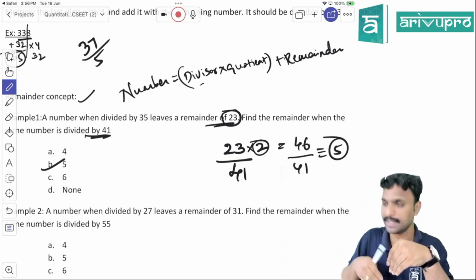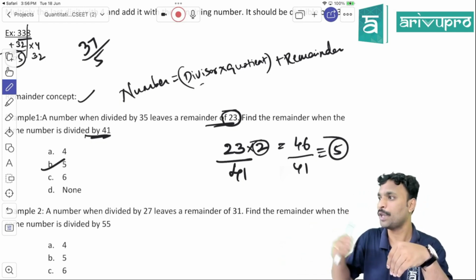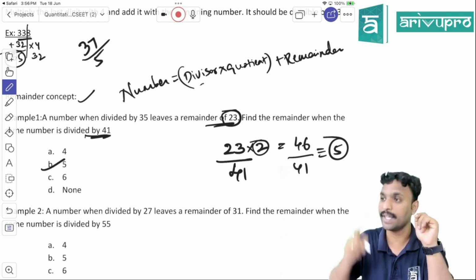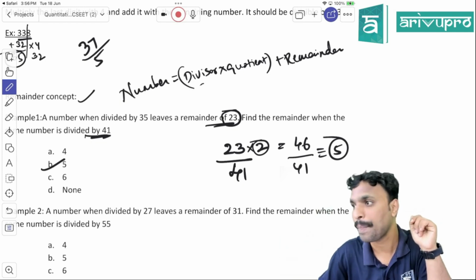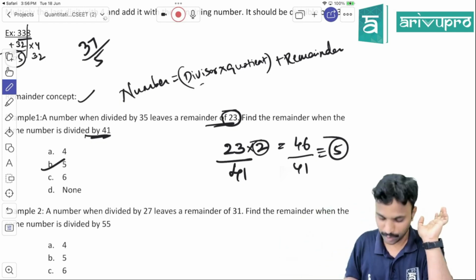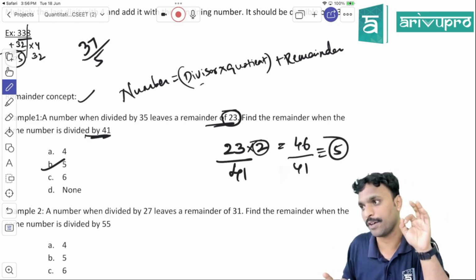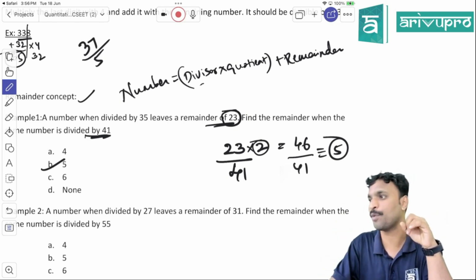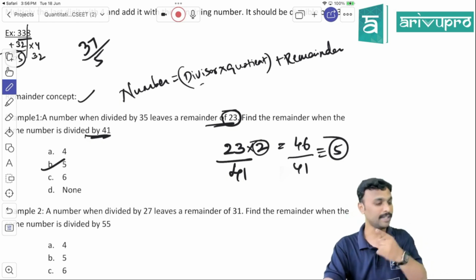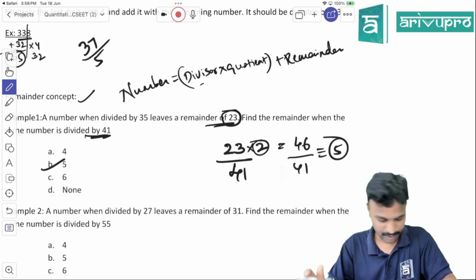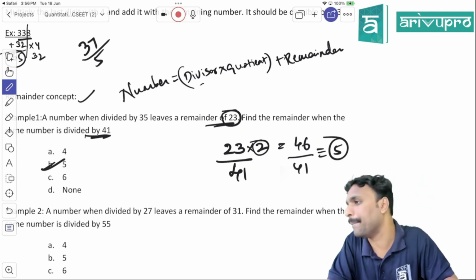If it is still lesser than the divisor, go for the next multiple, until the numerator becomes greater than the denominator. 23 into 2 is 46. Now definitely numerator is more than denominator. 46 by 41 leaves a remainder of 5. So the answer is option B.